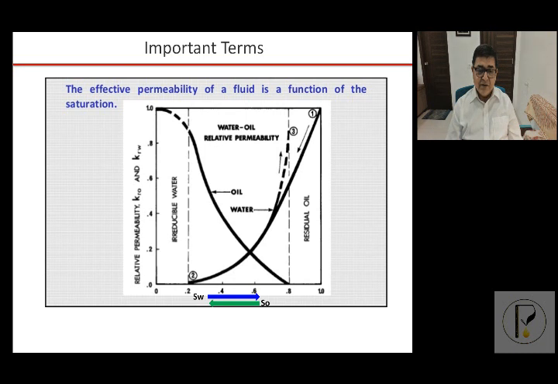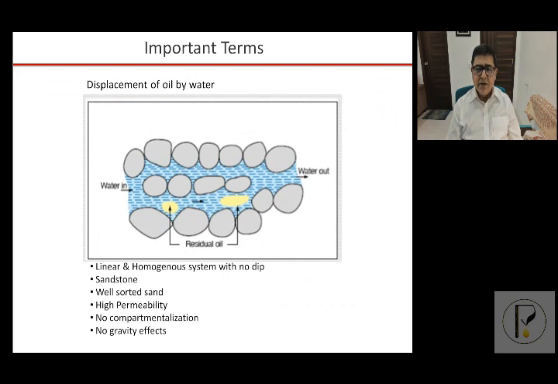Whereas as the mobility ratio, mobility contrast, goes on increasing more than 1, the displacement becomes very unstable. And you can see the fingers in the top right hand corner of water encroaching through the reservoir and breaking through into the producers for early water production.